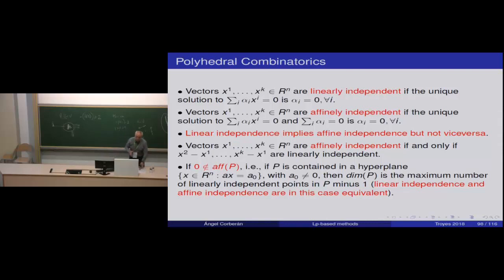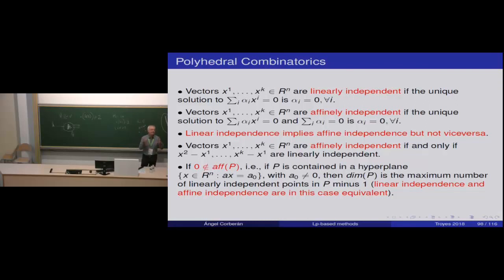The thing is clear. Let me again use my hands. Imagine we are working in R to the 3, you have 3 variables, and all the feasible solutions of your problem satisfy an equation.